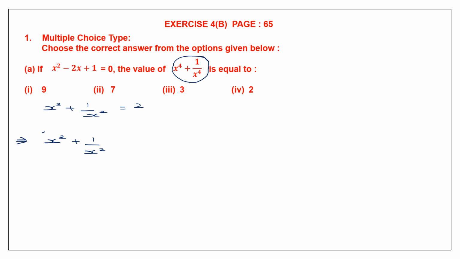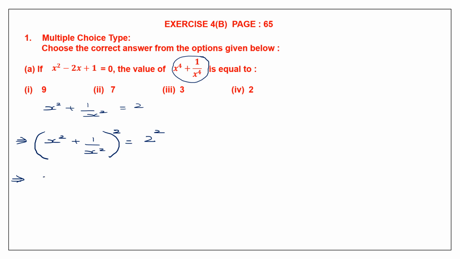So let's square the left hand side. This is the left hand side, and this is square. Now the right hand side also we are squaring, so that is 2 square. Now this is again in the form of a plus b the whole square. So a is x square and b is 1 by x square. So let's expand this.